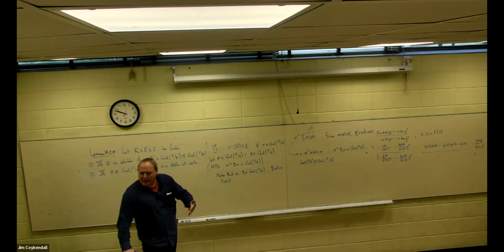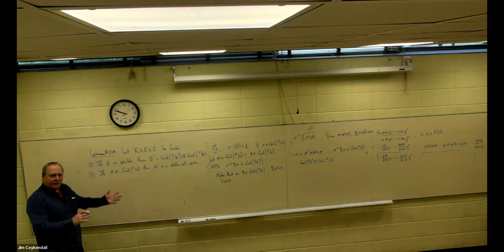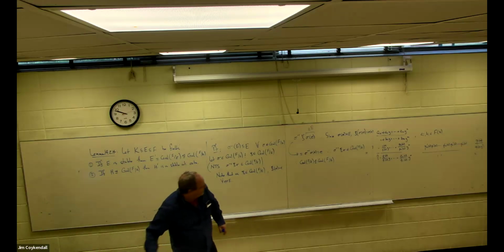Now we're going to do the backdoor thing, come from the other direction. I want to show that if this is normal, then H prime is stable.